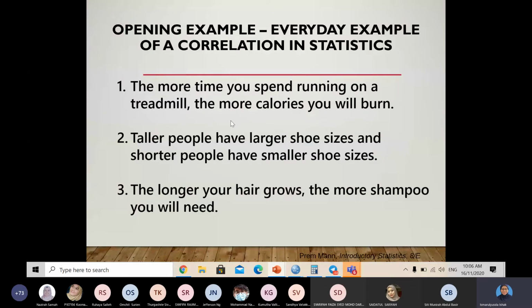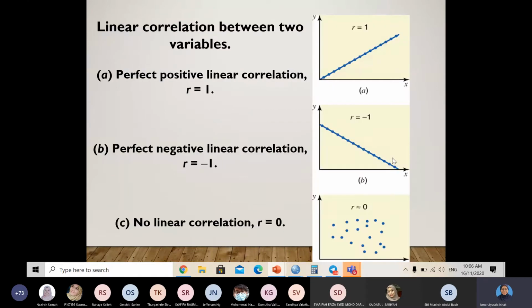Examples: the more time you spend running on the treadmill, the more calories you will burn. Taller people have larger shoe sizes and shorter people have smaller shoe sizes. The longer your hair grows, the more shampoo you will need. So this is maybe like regression, we have two variables.